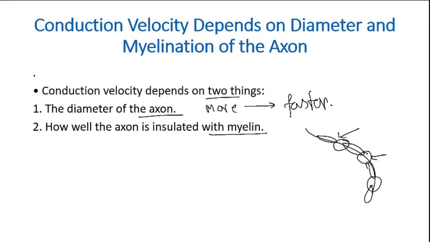So it's like the action potential is jumping and skipping areas. That will definitely be faster, right? A myelinated axon typically conducts action potentials faster than an unmyelinated axon of the same diameter. So if an axon has a larger diameter as well as being myelinated, that will be perfect for a very fast transfer of action potentials along the axon.